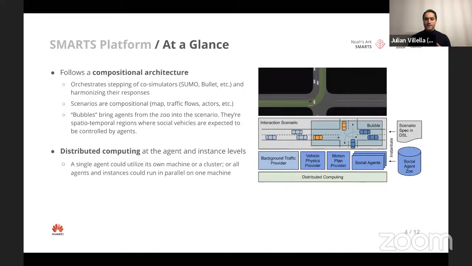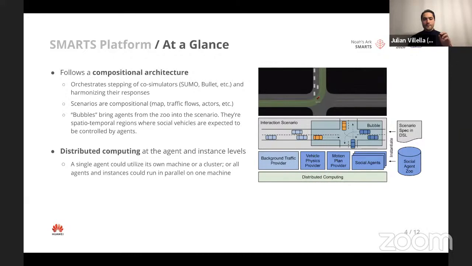SMARTS' job is to take their views of the world and make sure that they're harmonized in a coherent way to put together the final simulation. So Sumo might want to put a vehicle in a certain location, but that's not physically possible according to Bullet. So SMARTS is trying to make sure that the final result is coherent. Scenarios are compositional between maps, traffic flows, actors, and other primitives of building a scenario.